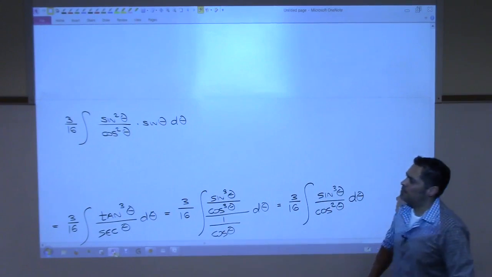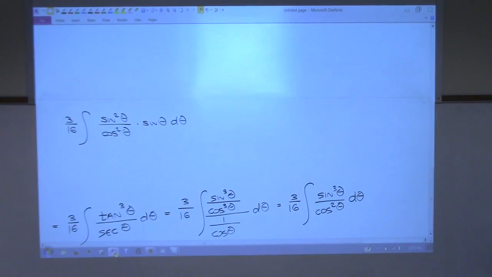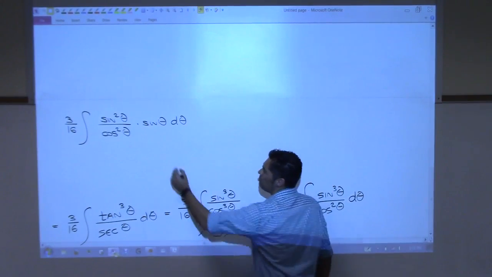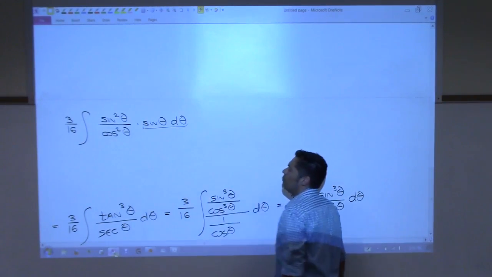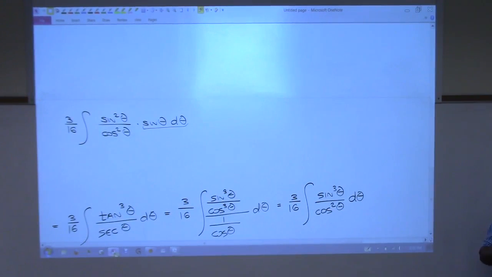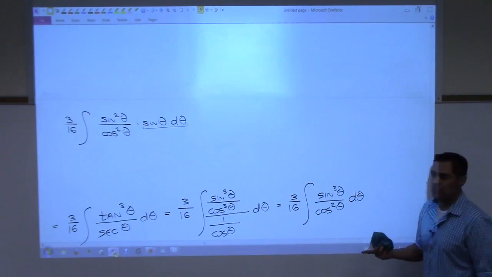Now, you might be tempted to turn sine squared theta over cosine squared theta into tangent squared theta. You might be tempted. Well, why did we peel off a sine? We want that to be our du, don't we? That means we want u to be cosine, don't we? Which means you should probably try and get everything else in terms of cosine.